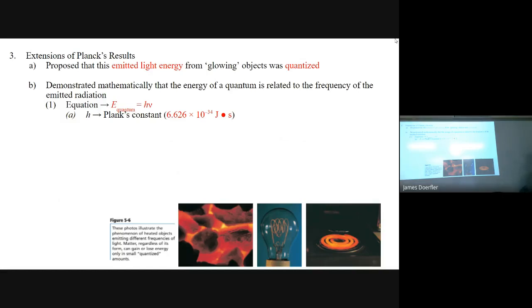Now, if you want to jot this down in your notes as well, when you solve the equation E equals h times nu for E, which is energy, your label is joules, or capital J, because the seconds in Planck's constant will cancel out the label for frequency, which was s to the minus 1, which leaves us with joules.